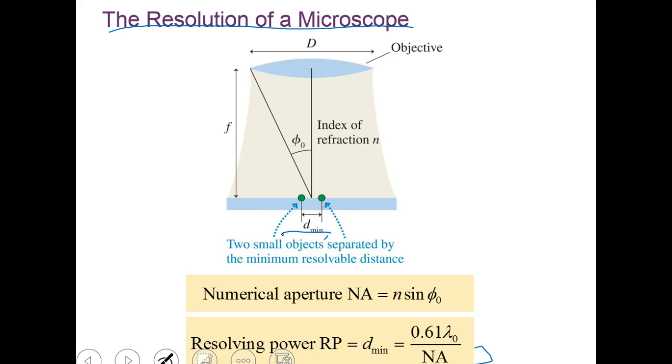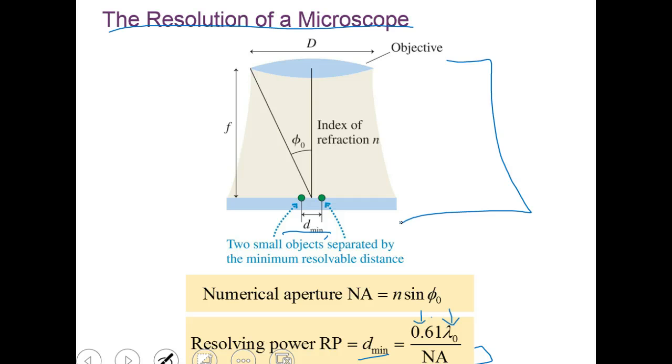And so the minimum distance that a microscope can resolve is this constant, 0.61, times the wavelength of light, and the smaller the wavelength, the better, divided by the numerical aperture. And the numerical aperture is posted on the objective lens of a microscope.